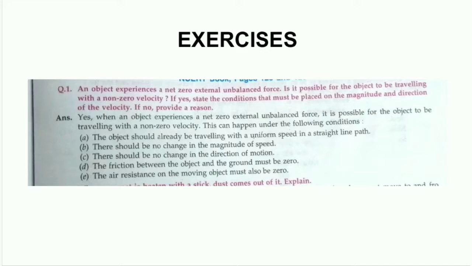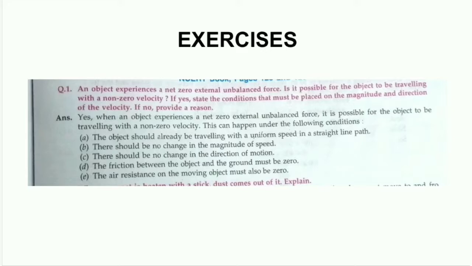Answer: yes, when an object experiences a net zero external unbalanced force, it is possible for the object to be traveling with a non-zero velocity. This can happen under the following 5 cases. They are: the object should already be traveling with a uniform speed in a straight line path.